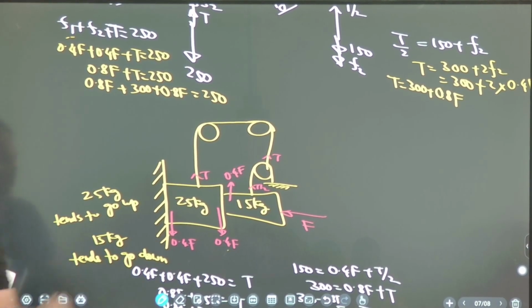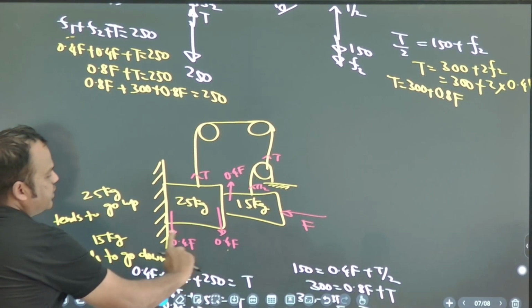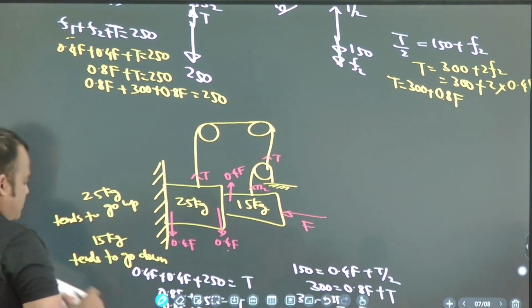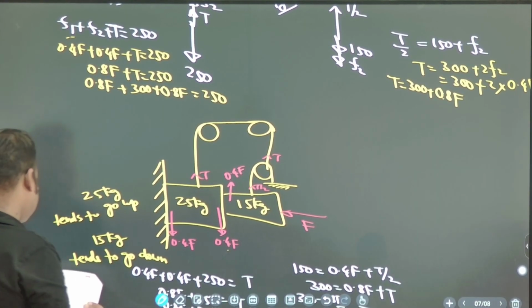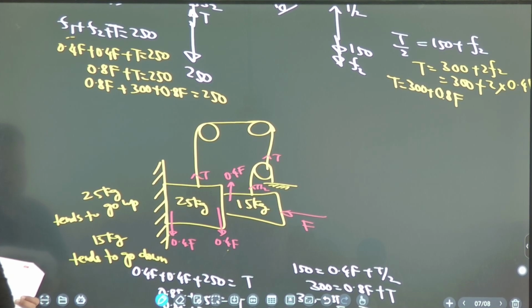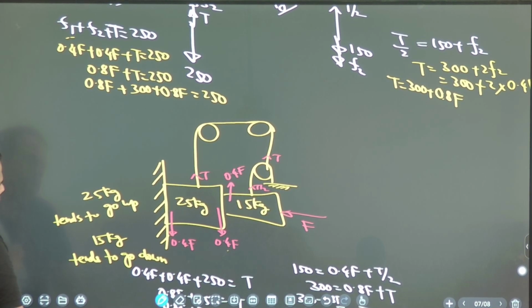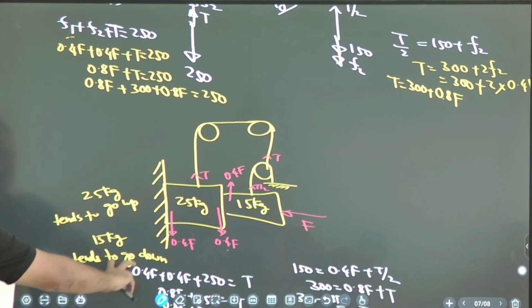This is correct. See, both these friction same direction, okay? Here they have written wrong, opposite direction they have written. Solution is wrong. Okay. Any more question? So this is correct. Note down.